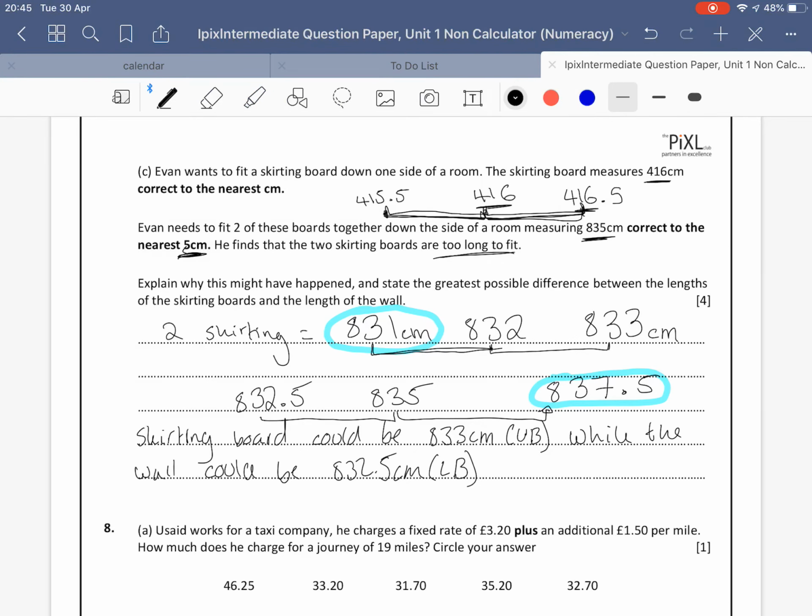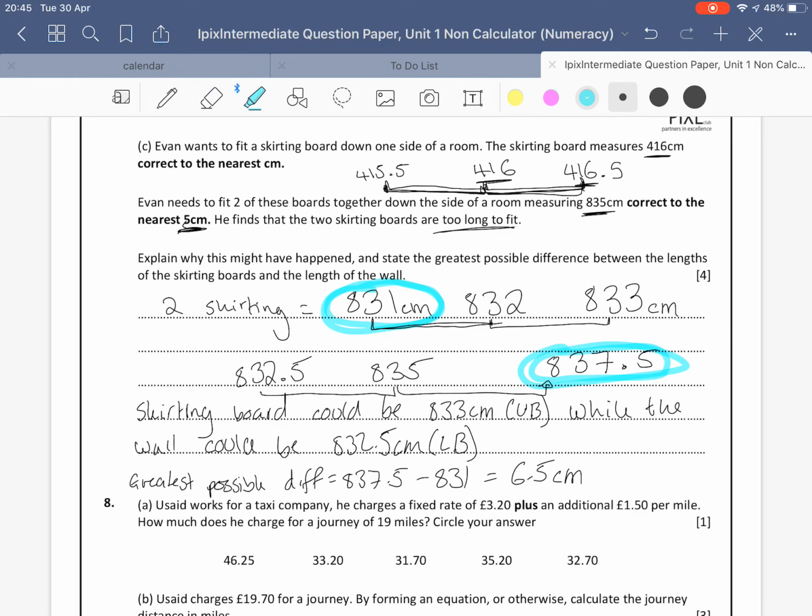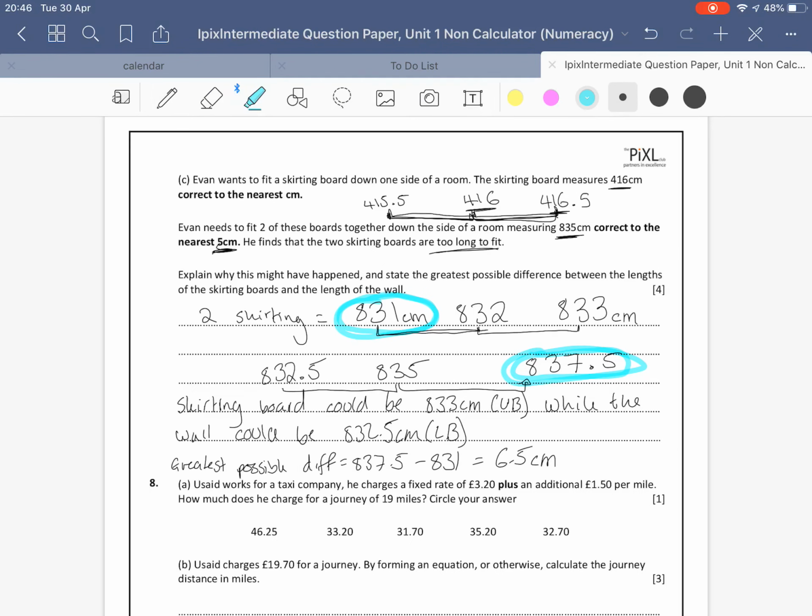So the greatest possible difference is 837.5 take away 831, which gives us 6.5 centimeters, because the wall could be at its biggest and the skirting board at its smallest, and that would give you the greatest distance between the two measurements. So that's all about upper and lower bounds if you wanted to go and revise that.